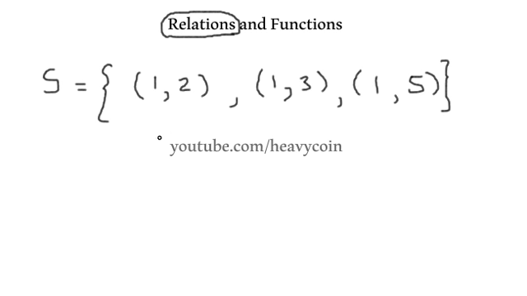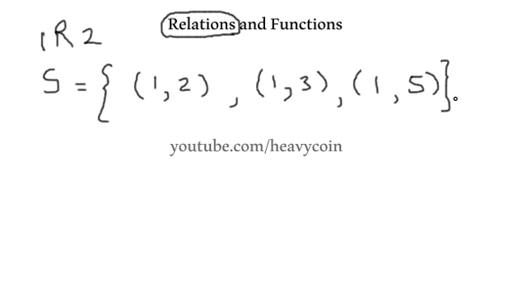Now, there is a way to construct this set. In other words, there's a relationship between 1 and 2: 1 is related to 2, 1 is related to 3, and 1 is related to 5. That's how you'd say it. In a discrete math course, they label this as 1 R 2, saying 1 is related to 2.